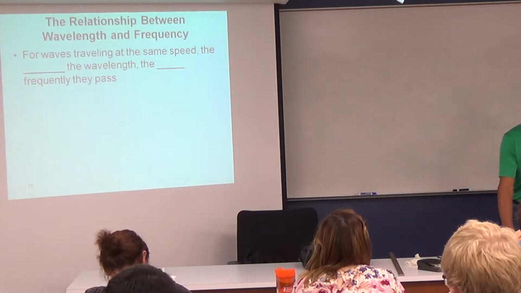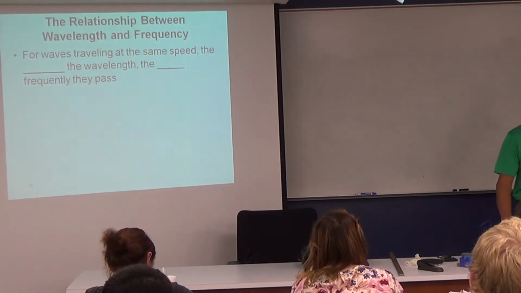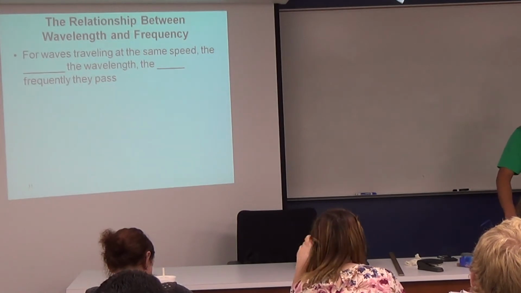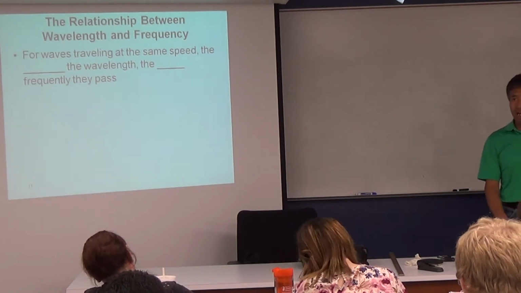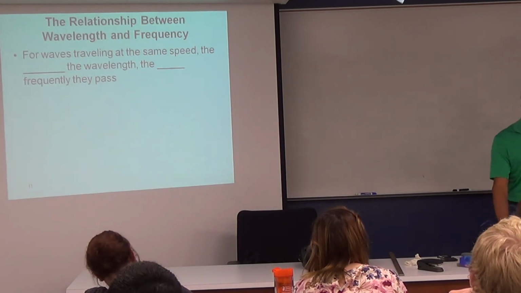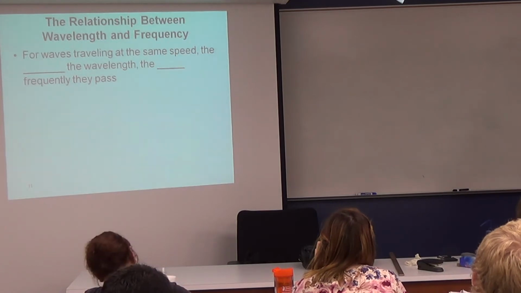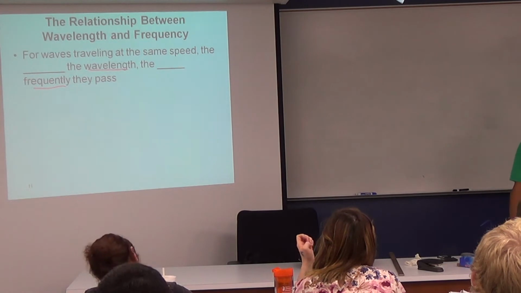Right. So then we'll find out, for those light waves, the visible light or the X-ray, gamma ray, we said they all travel at the same speed. Okay? And since they all travel at the same speed, depending on the wavelength, the wavelength and frequency will have those relations.